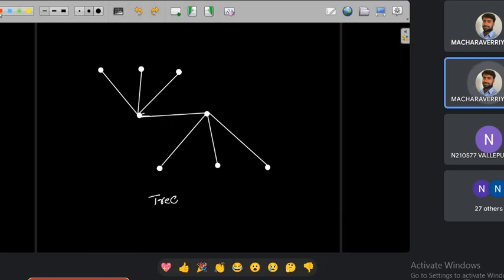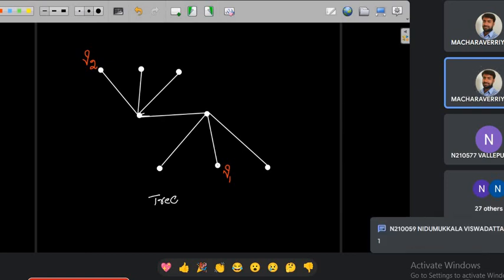So if there is no simple circuit in it, now how many paths can you have from one point to another point in this graph? For example, I would like to start at this point V1. I'd like to reach this point V2. So how many simple paths do we have? I hope the max you can have is one simple path. You cannot have more than one path.